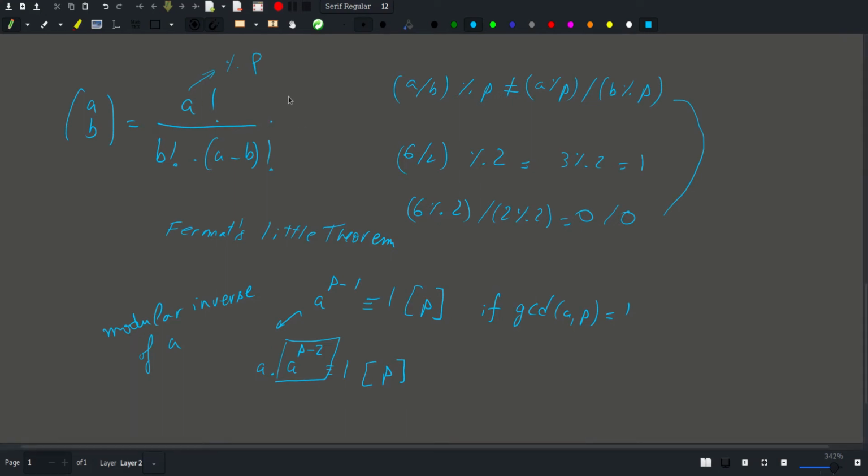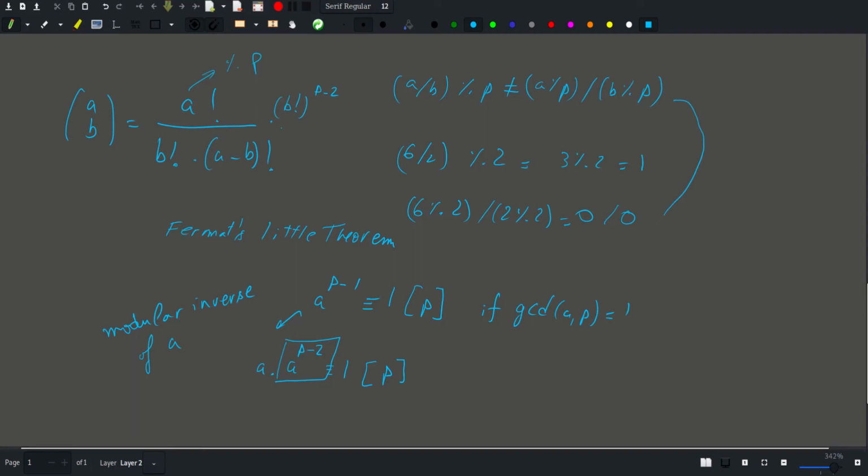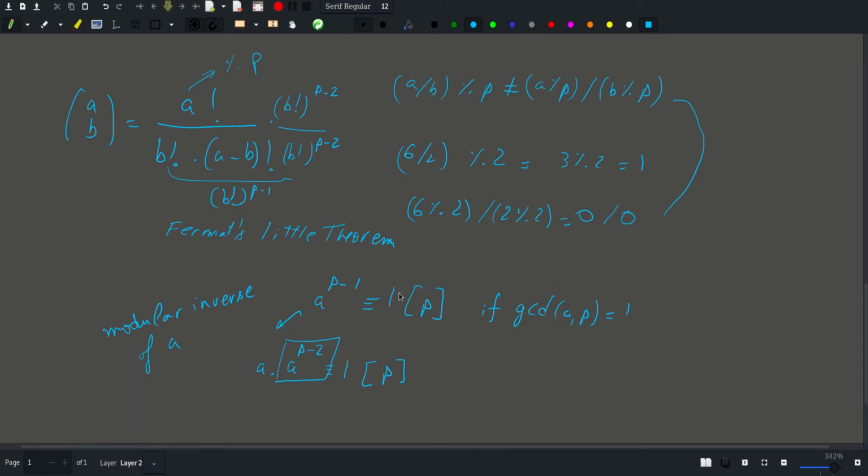So we can actually multiply here by B factorial raised to the P minus 2, both on the numerator and the denominator. And this will give us B factorial raised to the P minus 1. And we just saw that that was congruent to 1 mod P. So basically this just becomes 1.